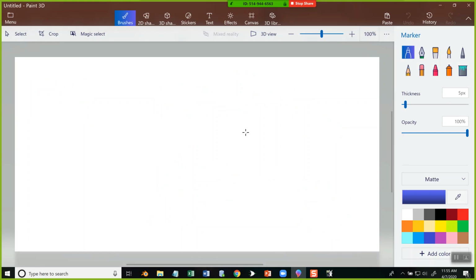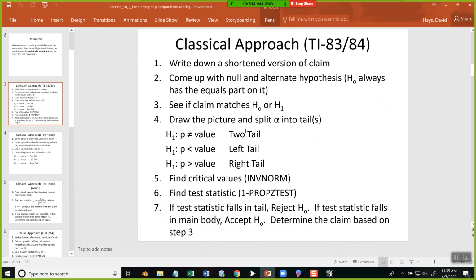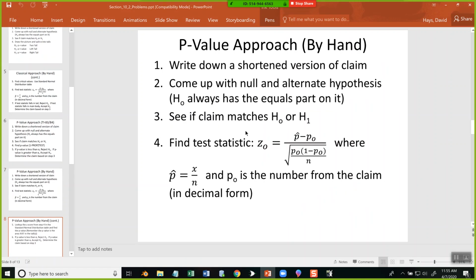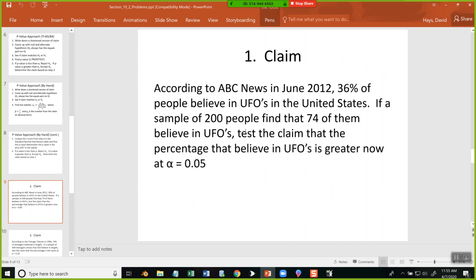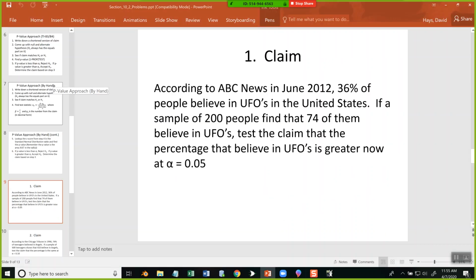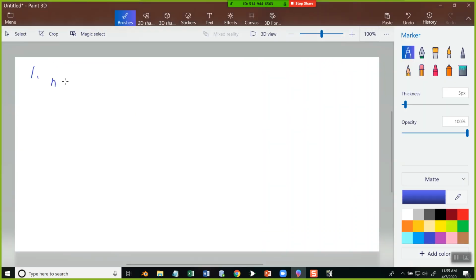Okay. We're going back to problem number 1, and we're going to work it again, this time using the p-value approach. So I'm going to write down everything I had before. They tell us the sample is 200 people, so n is 200.